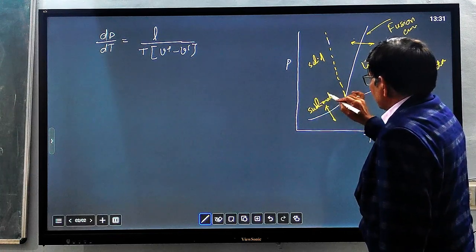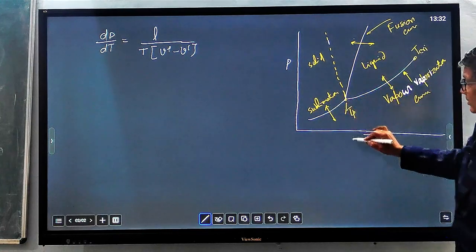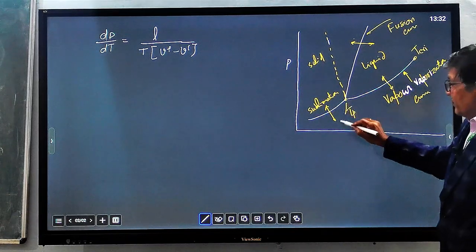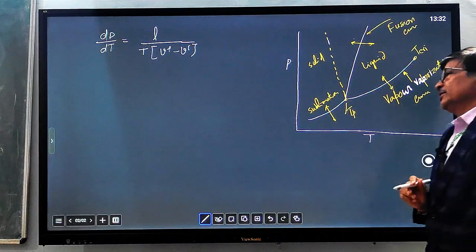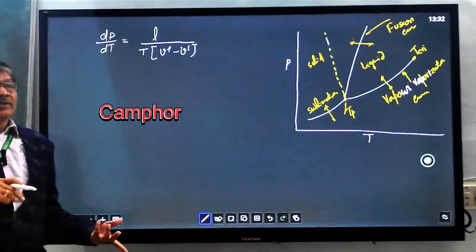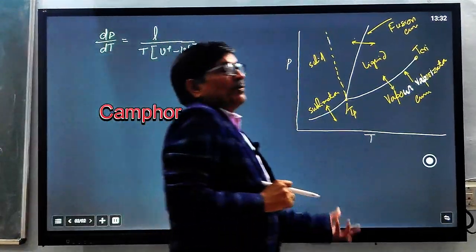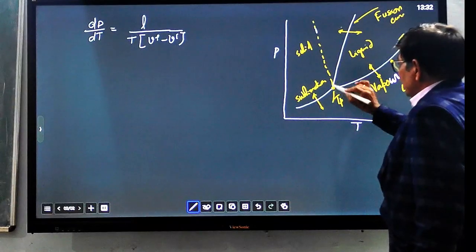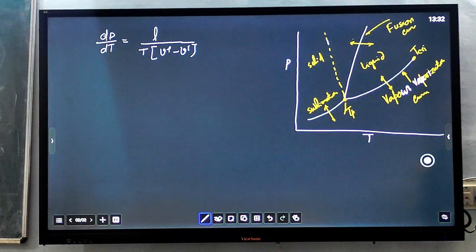In this region, solid is directly converted into vapor. We have so many examples, for example camphor, which we know is directly converted into vapor form. This point is known as the triple point. At this point, all three phases coexist at the same temperature. That's why it is known as the triple point.